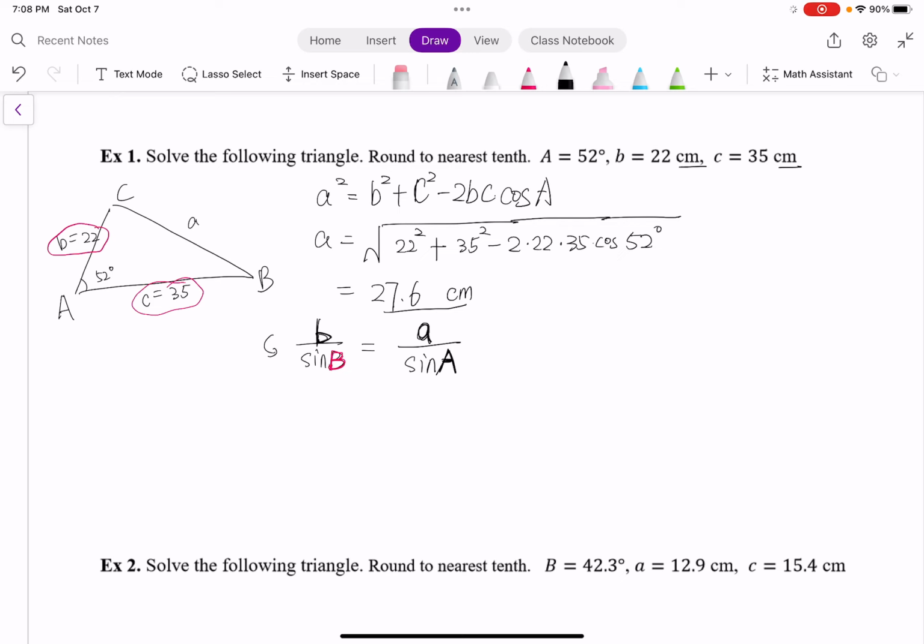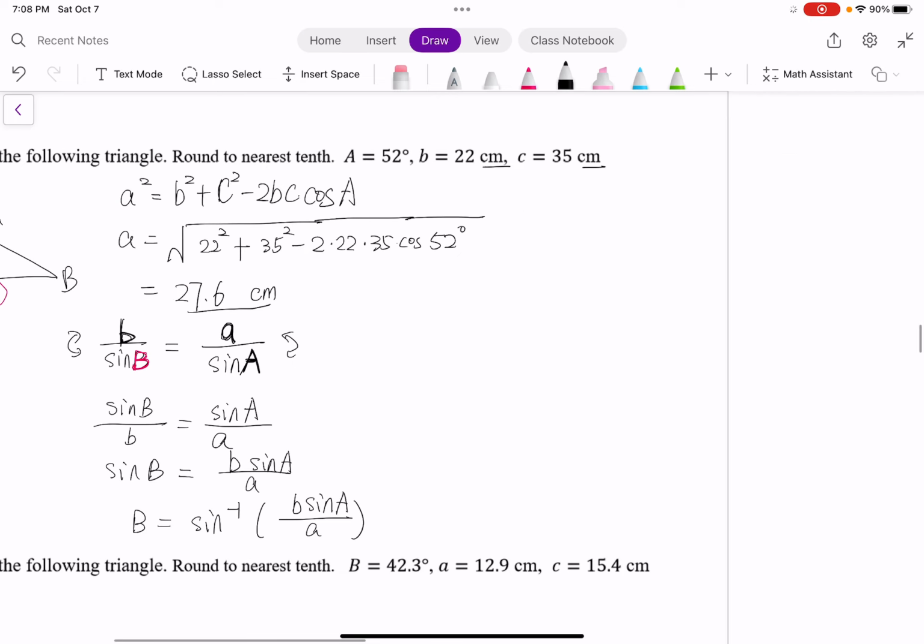Let's solve it. I flip it upside down, so sine B over b equals sine A over a. Multiply by b on both sides to isolate sine B: sine B equals b times sine A over a. Then angle B equals the inverse of sine of b times sine A over a.